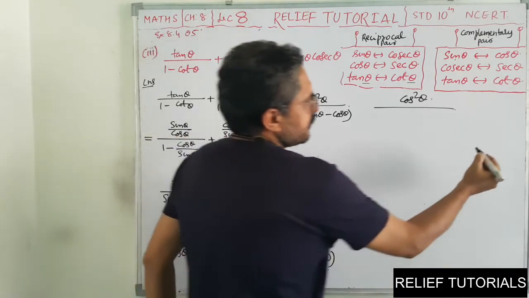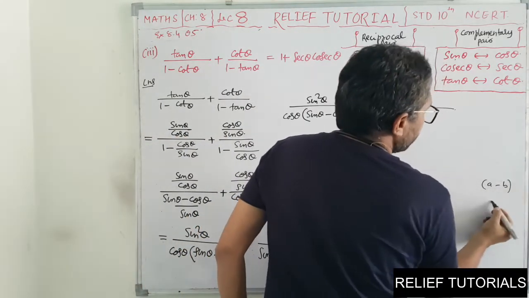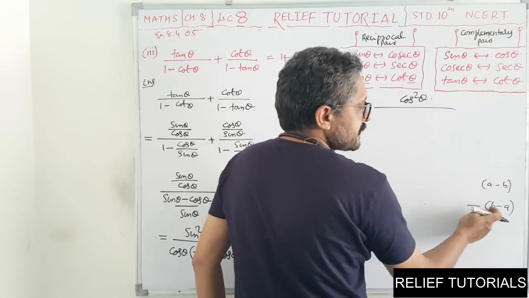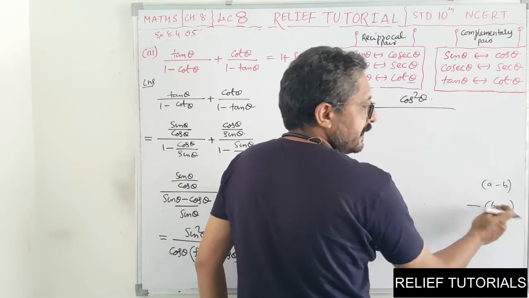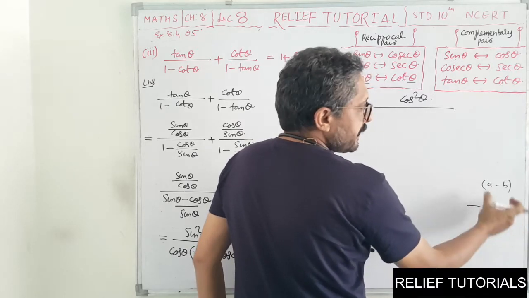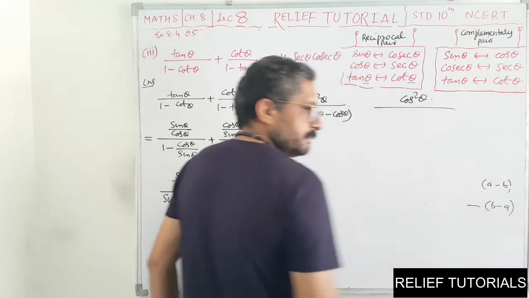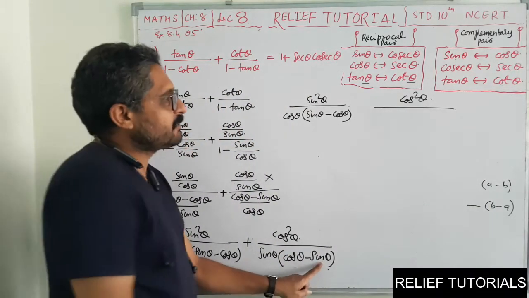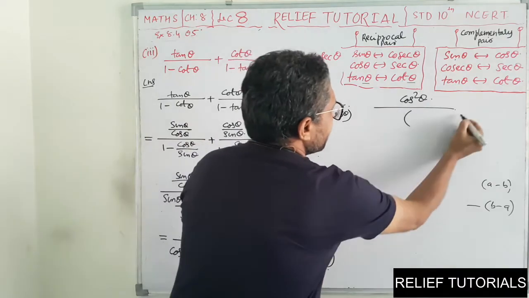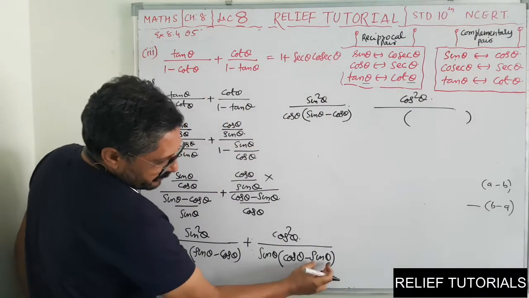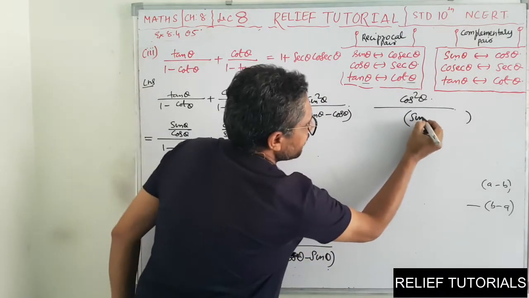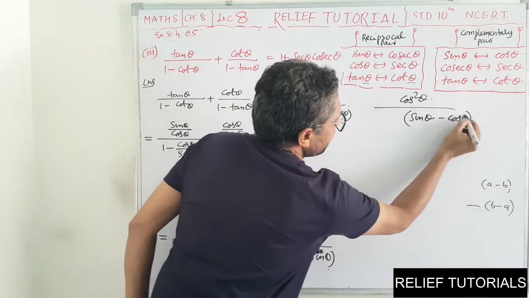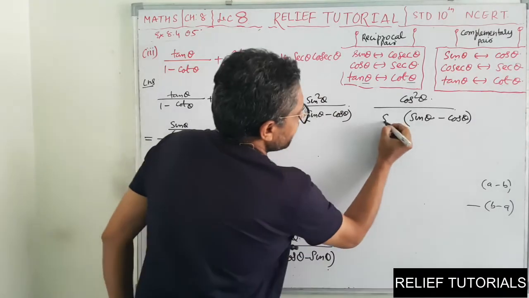I told you, no, here. A minus B, if I take minus common, it will be B minus A. This minus B will become plus B, and this plus A will become minus A. Now further, if you multiply with minus, you will get this term. So both are equal. Same thing, if I take minus common here, what happens? Minus sign will become plus sign. See here, if I take minus common here, minus sin theta will become plus sin theta. And plus cos theta will become minus cos theta. This as it is, sin theta.